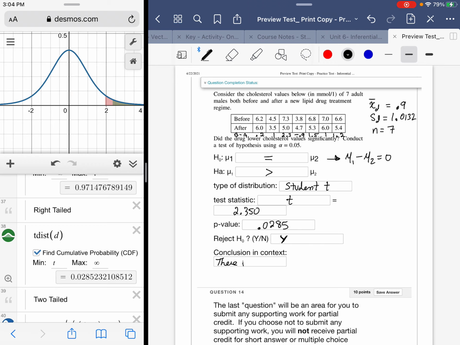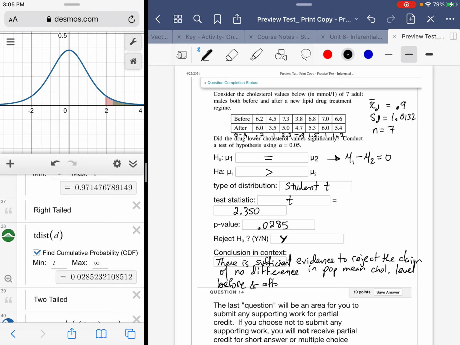So there is sufficient evidence to reject the claim of no difference in population mean cholesterol level before and after the treatment, the drug treatment, but treatment is fine, at the 0.05 level.